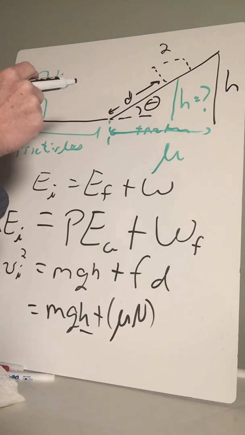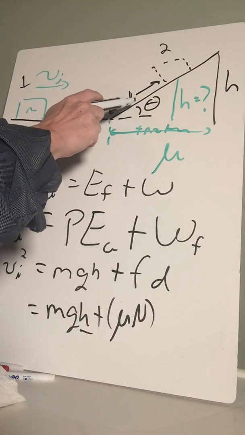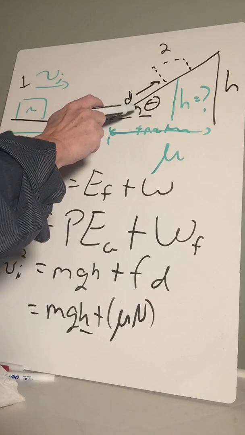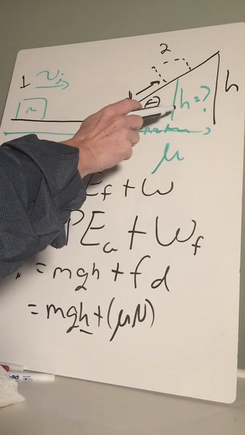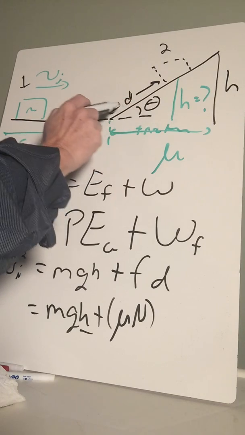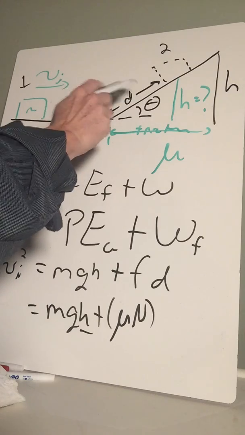So I'm going to solve, so tangent will be, or I'm sorry, this is a sine function. Sorry. Height over d. So when I solve for height, it becomes, oh, I'm solving for d, sorry.